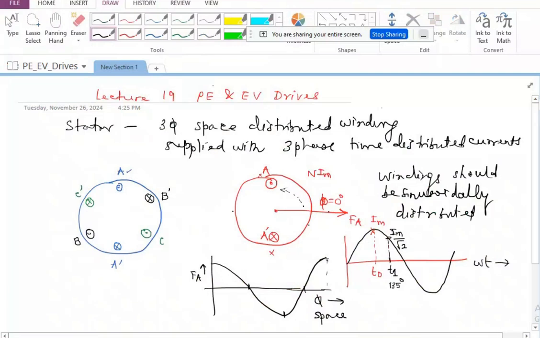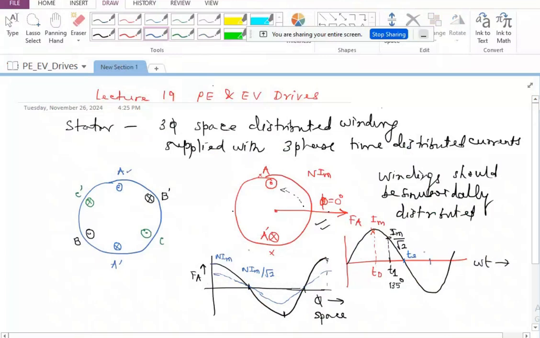So in that case, if I try to look at what would be the MMF distribution with respect to phi, I should draw it as though this was corresponding to n times Im. Now this will be n times Im divided by root 2. So I should probably have it somewhat like this. So it is essentially again sinusoidally distributed, but with the peak being n Im divided by root 2. So as time goes by further and further, at time t equal to t2, the MMF will be completely zero.